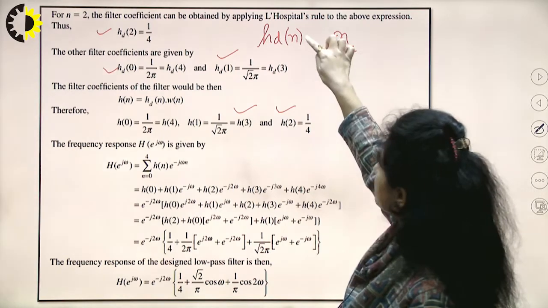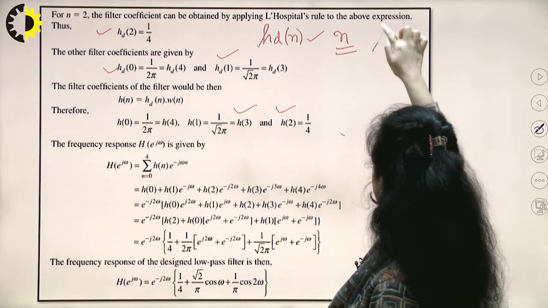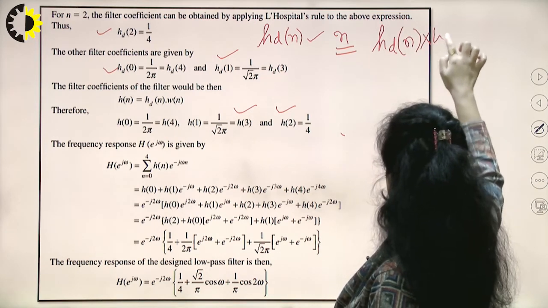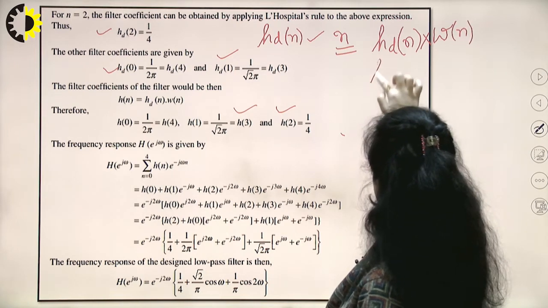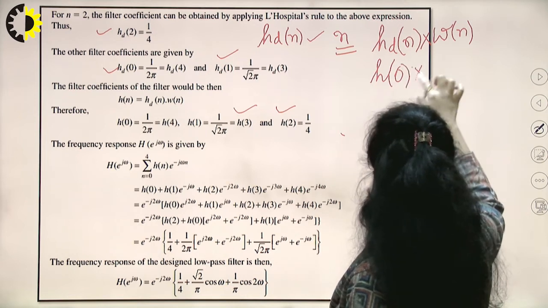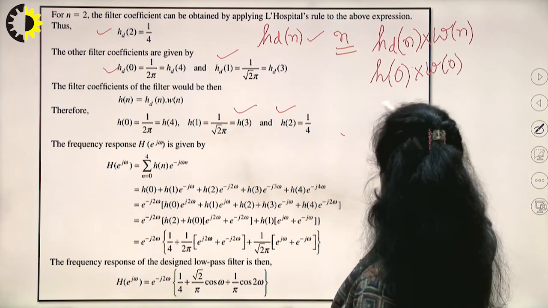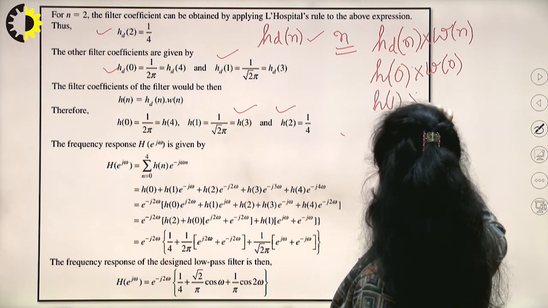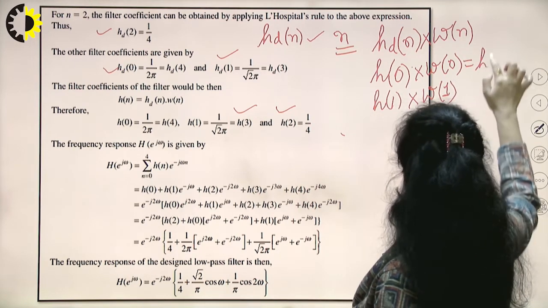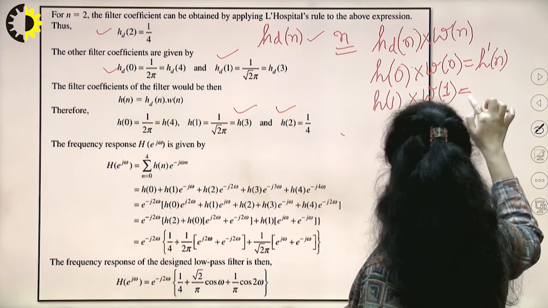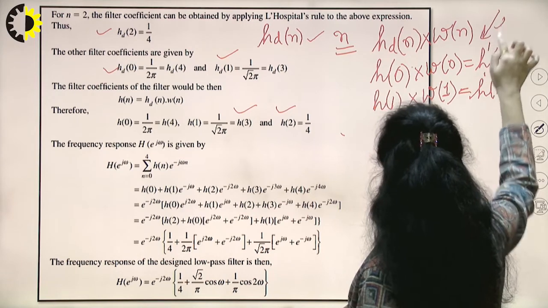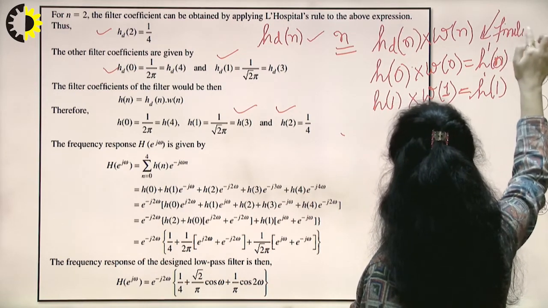So hd(n) samples would be calculated. Now what I have to do is multiply this hd(n) with the window function, which is rectangular here. All the samples of this response would be multiplied by the corresponding samples of the window function. So whatever is the length of the filter, we'll perform this multiplication till that particular stage and generate a new value of h(n). This is 0, this is 1. This new value is my finite response in the time domain.